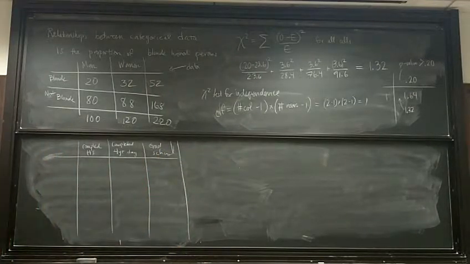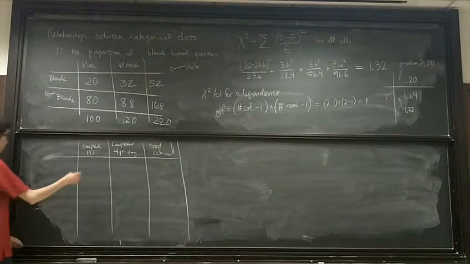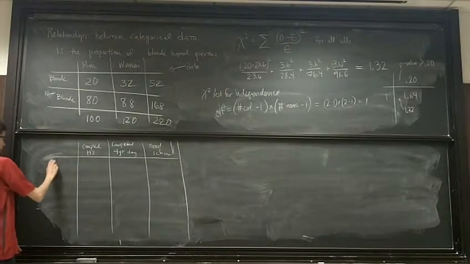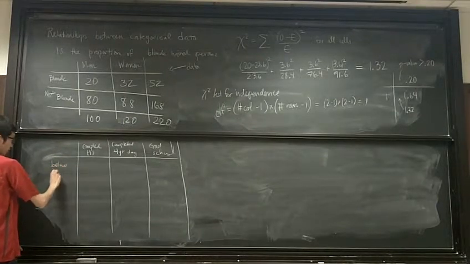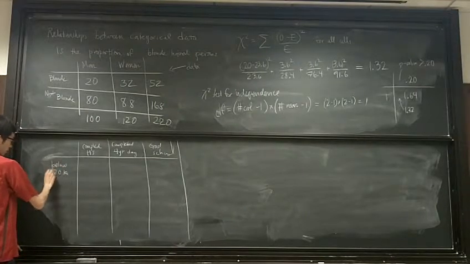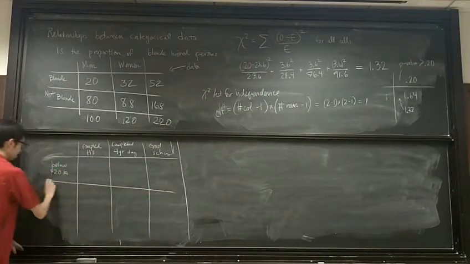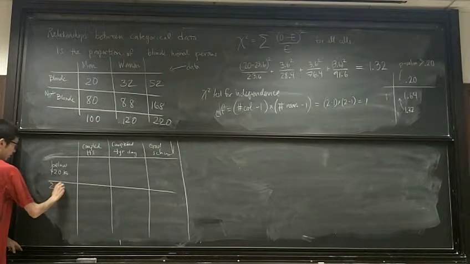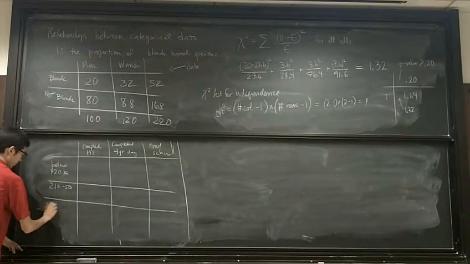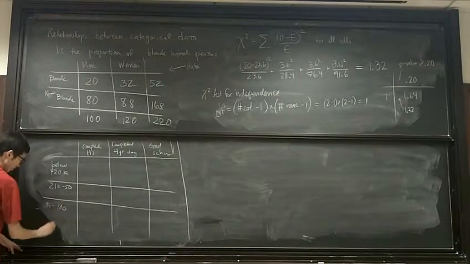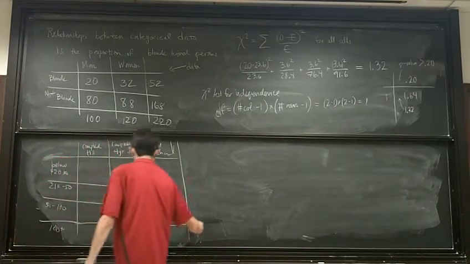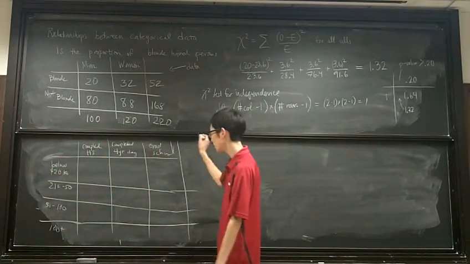Okay, and then we looked at income. So we say below, 21 to 50, whatever. Okay, so you've got all these things.